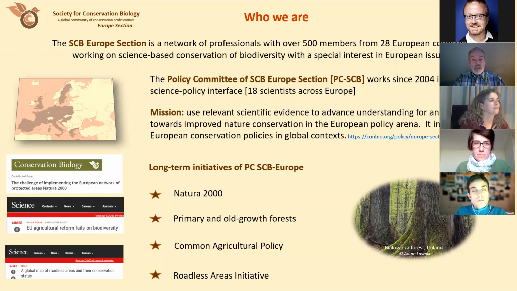The Europe section's policy committee dates back to 2004 and at present consists of 18 scientists from all over Europe. The mission is to use relevant scientific evidence to advance the understanding for and actions to conserve biodiversity across Europe and in the European policy arena. It also includes European conservation policies in global context.